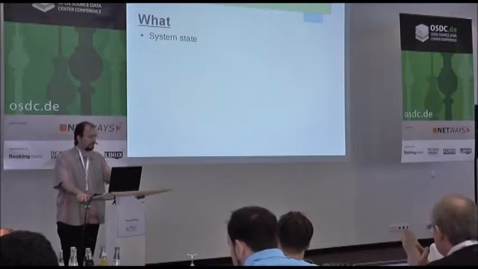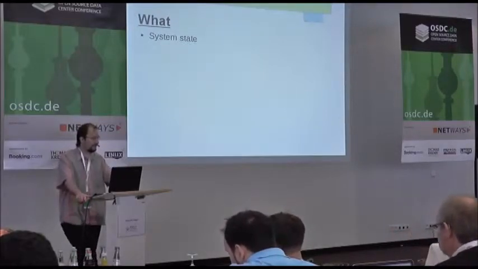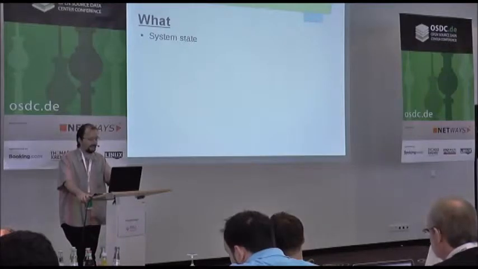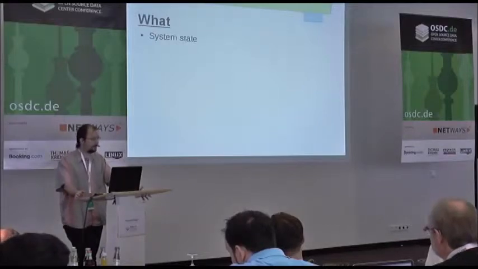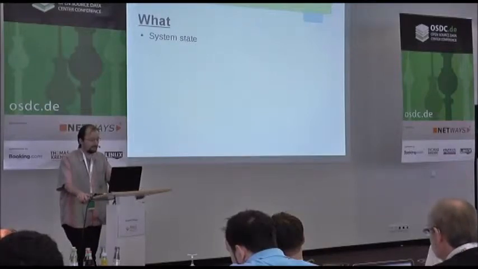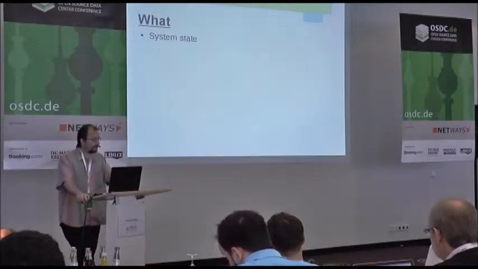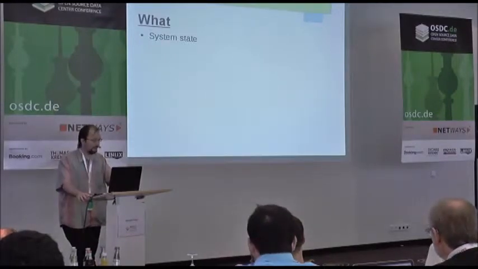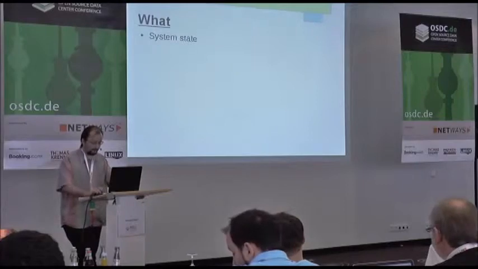We can, of course, monitor system state, such as hard disk space, network bandwidth, CPU usage, memory usage, the state of the RAID array, the number of virtual machines running, that kind of stuff.